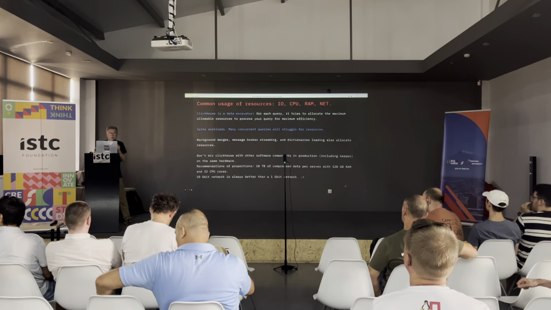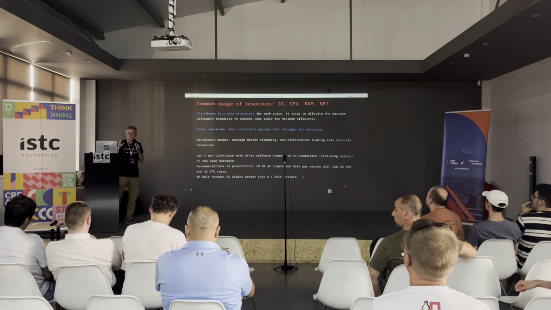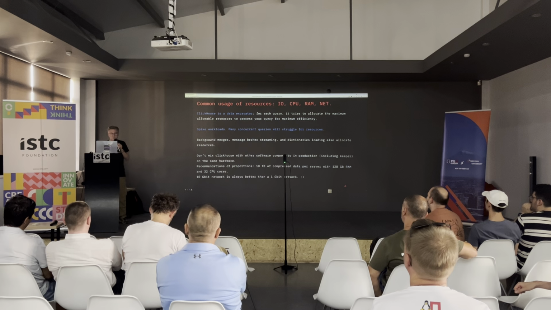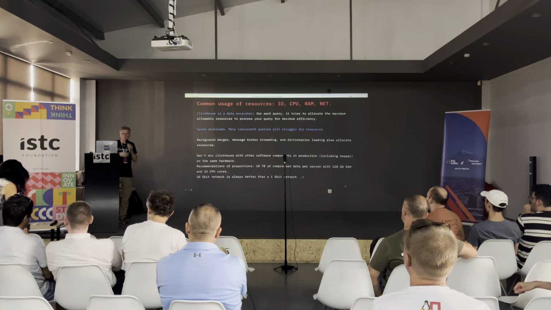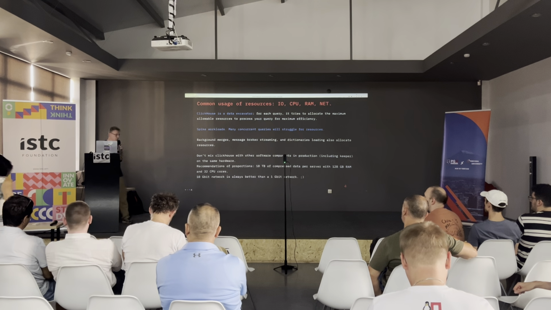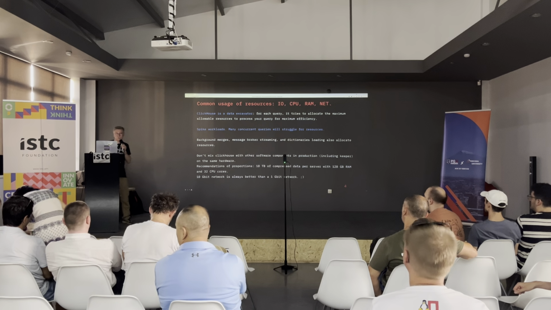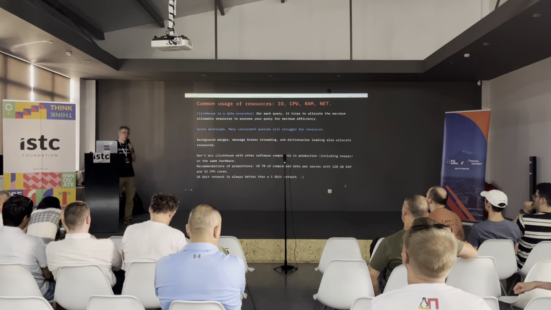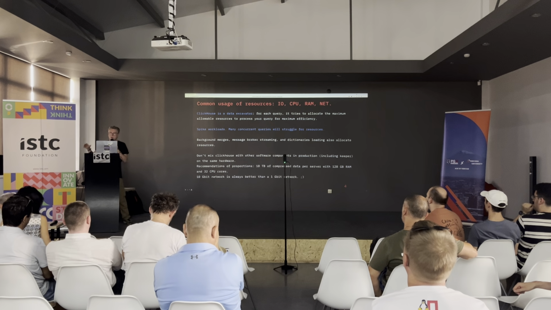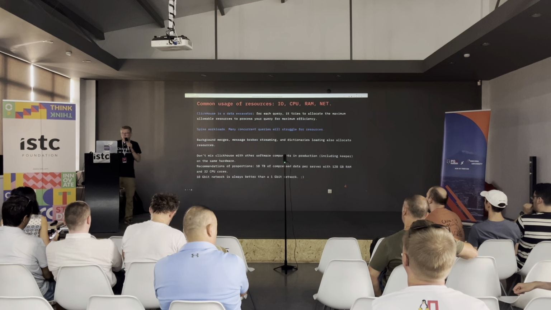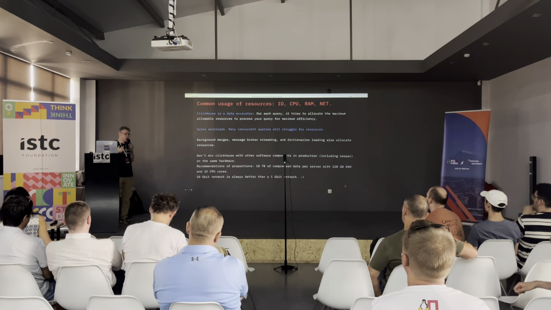This approach creates workload spikes. Many concurrent queries will struggle to sustain hardware resources. Moreover, background merges, data streaming from message brokers, background data moves, and other background processes also allocate resources at the same time when you execute your query.